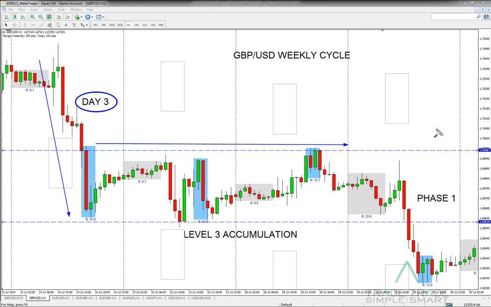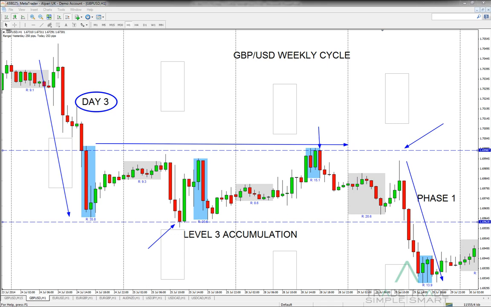So we have a level of resistance, which is the high of the accumulation zone, and we have a level of support. Now, once we see price action break and trade beyond our zone, whether that be the support or the resistance, and the market meets its typical ADR, we're going to consider this phase 1.